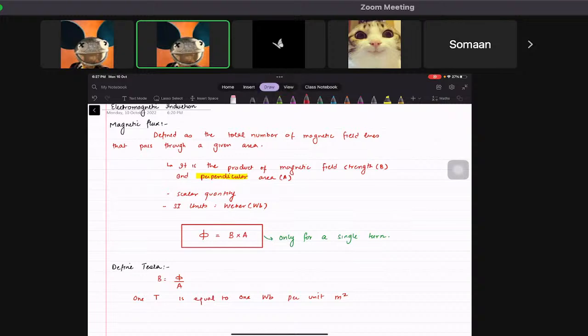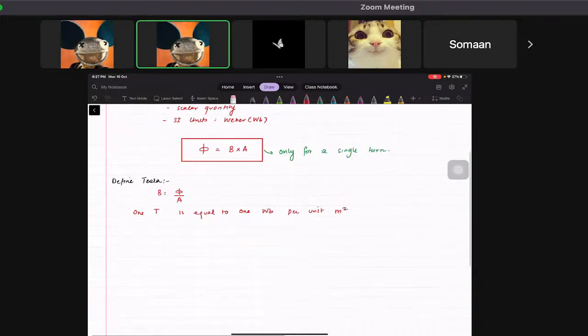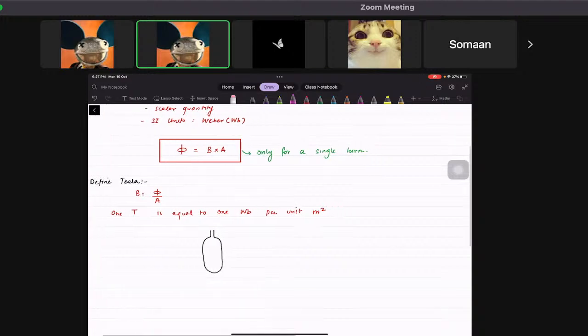Okay, so when a magnetic field goes through an area, suppose this is a coil, and the magnetic field is going through like this.